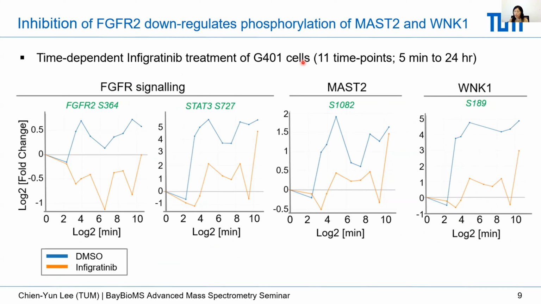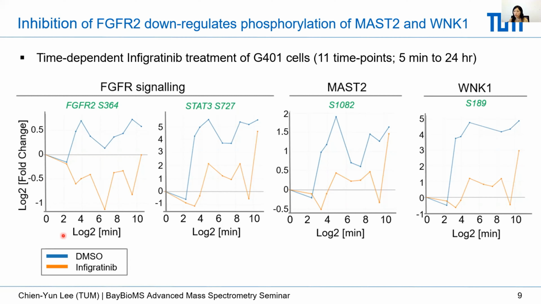FGFR inhibitors. In total, we have 11 time points ranging from 5 minutes to 24 hours, and at each time point we even include a DMSO control. This plot shows the fold change of a certain phosphosite compared to time point 0.